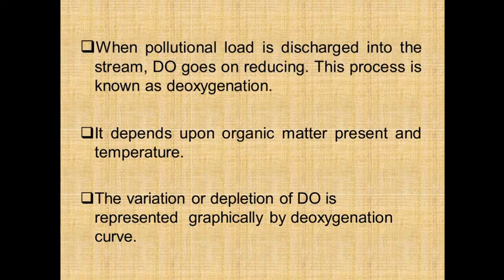But the condition within a stream becomes anaerobic when the rate of oxygen supply is lesser than the oxygen utilized. This anaerobic condition is not desirable. Aerobic receiving water bodies look reasonably clean and free from odor, but anaerobic conditions make the water black, unsightly, and odorous.